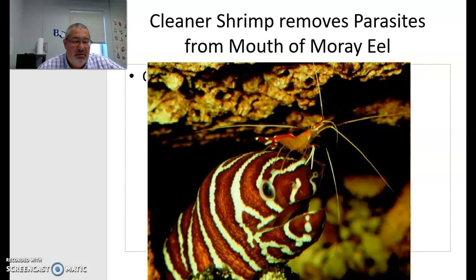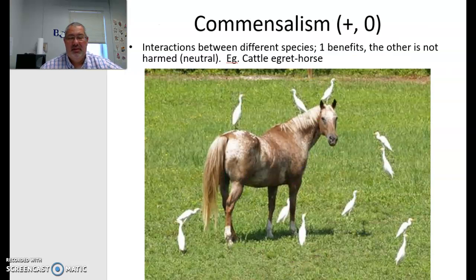That's a fairly general type of mutualism, where a cleaner shrimp could potentially remove parasites from a number of different species of fish, not just the moray eel. It's not a very specific mutualism, it's more general. Okay. So mutualism is a very beneficial association between both individuals or species in the interaction.